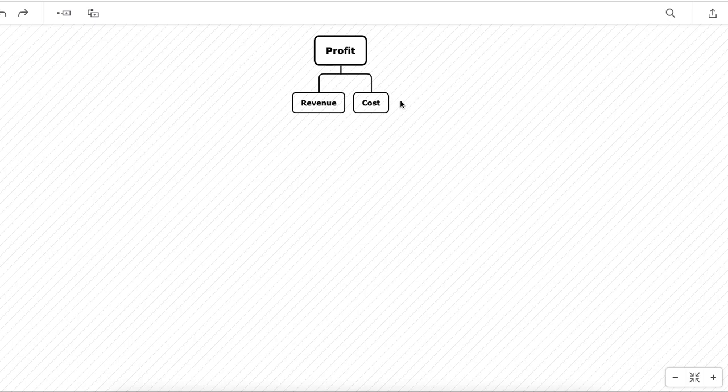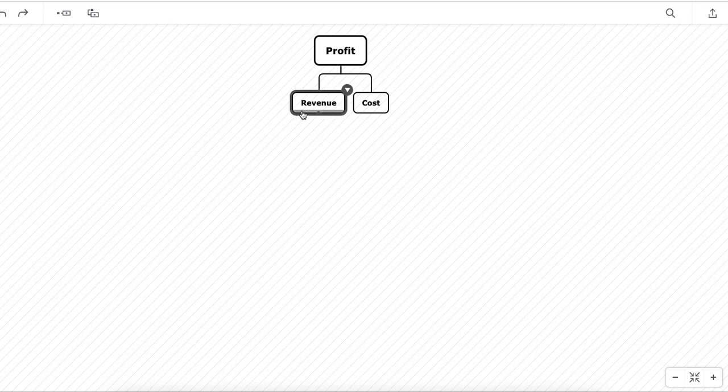Most of the time the interviewer themselves ask you to follow either revenue or cost disintegration. In case they do not give you any hint, please follow one of the disintegrations first based on your gut feeling, and then come back and do the other too. So that is how it is done.